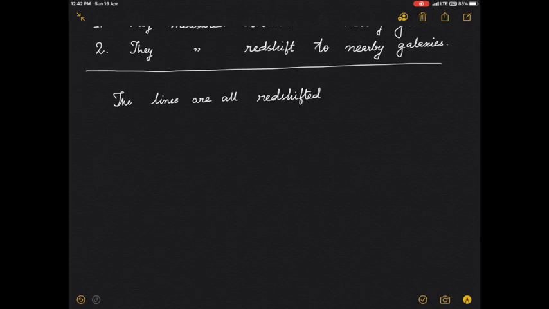What do I mean by redshift? I mean, if I consider that the lines are observed at a wavelength of lambda observed, and the original wavelength of the line when it was emitted is lambda emitted, then lambda observed is more than lambda emitted, and the redshift is defined this way.